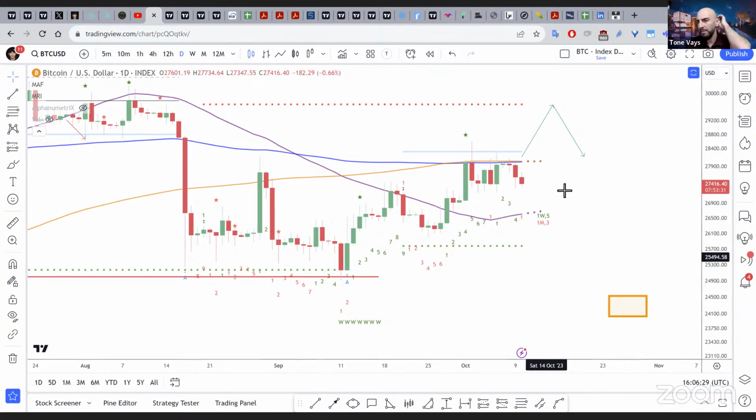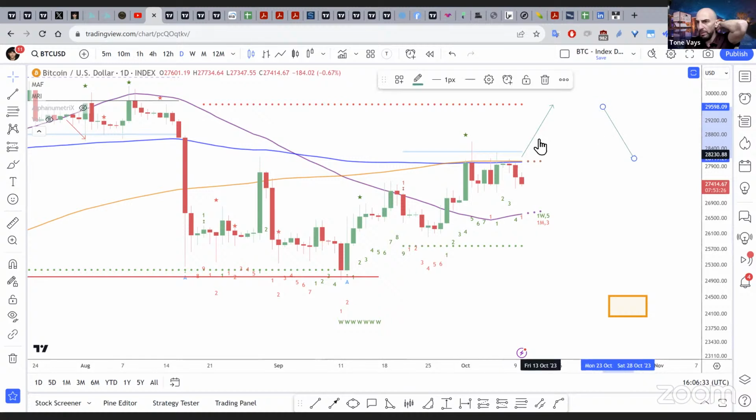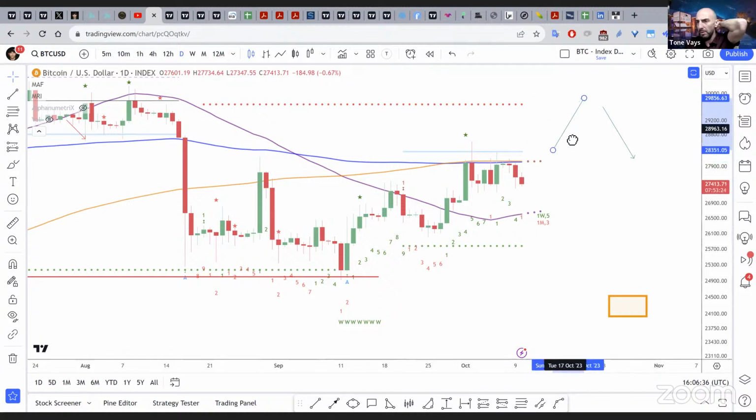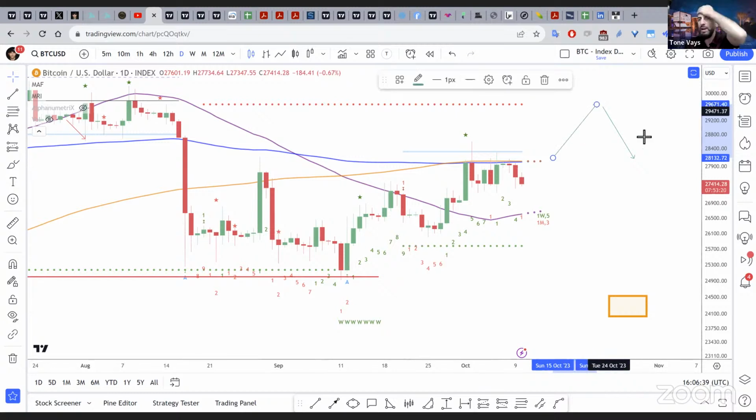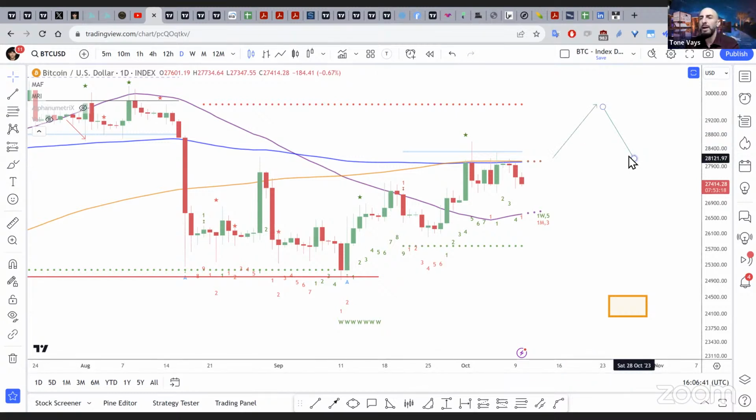And now we wait. I'm going to move these arrows over because I do think we're going to break above that resistance of moving averages, and then we're going to pull back to the breakout area. In the meantime, we are likely to pull back a little more before going higher.